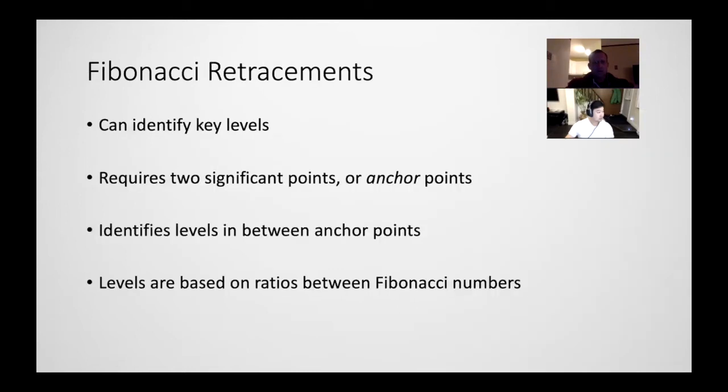Okay, so Fibonacci retracements in particular can identify these key levels. The key point to remember is that it only requires two significant points, which we call anchor points, and those anchor points are significant in some way. Any given platform you could trade off of or do charts on is going to have a Fibonacci tool.